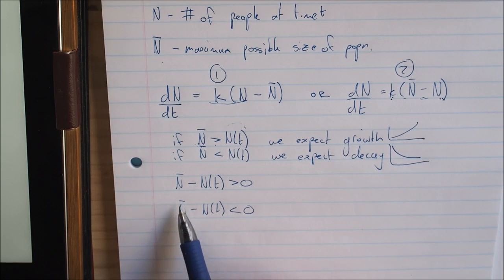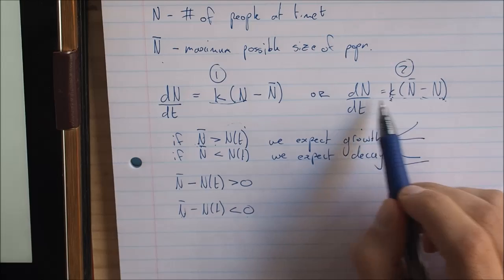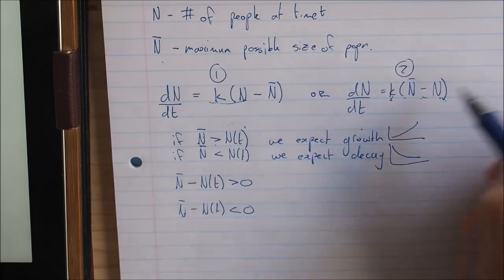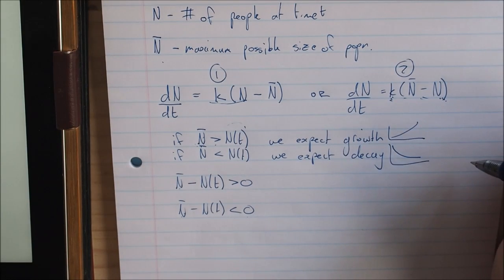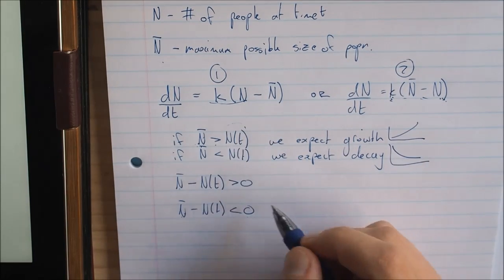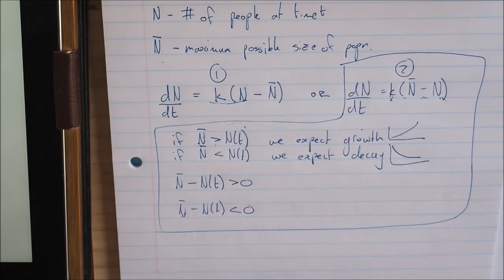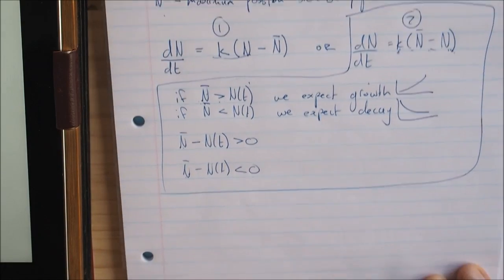If n bar minus n of t is less than 0 and k is positive, we get a negative number, so the rate is negative and it's going to decrease. This is all for the second model.